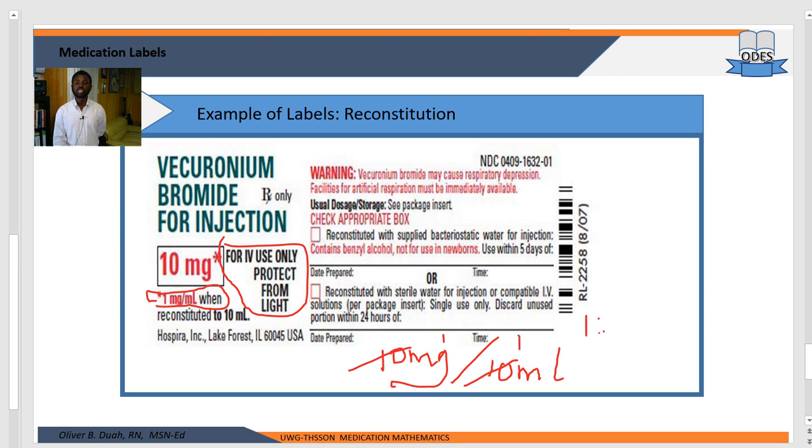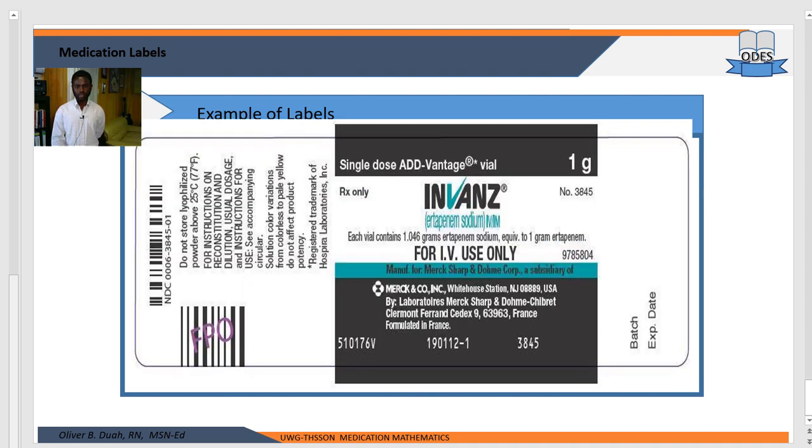So we have 1:1. So you have 1 milligram per each ml. This is the concentration or the formulation that we need to do our calculation after we have reconstituted our medication.